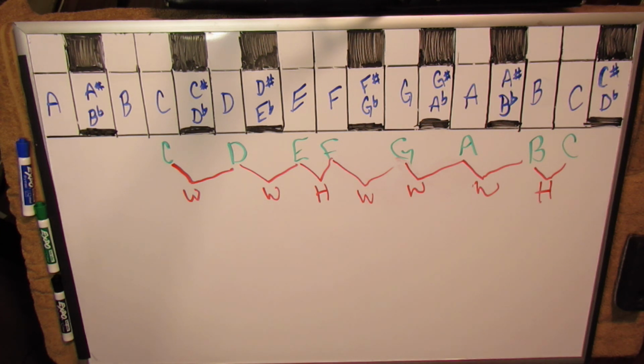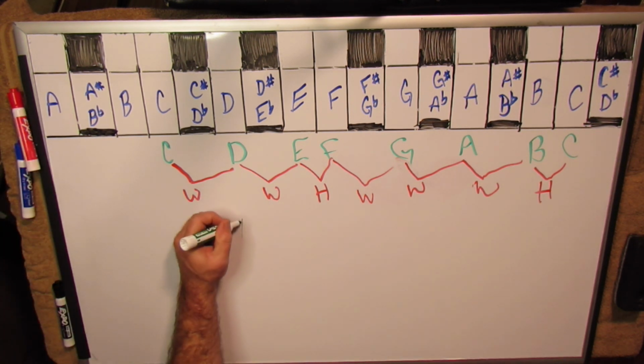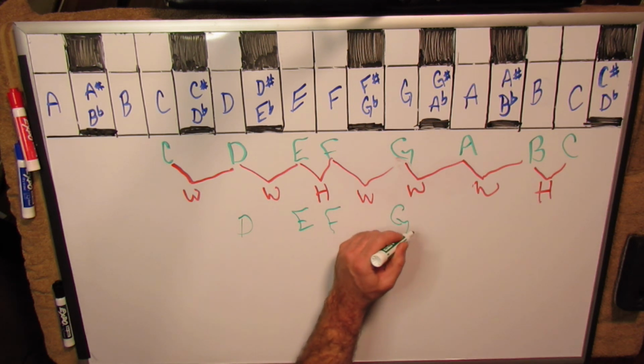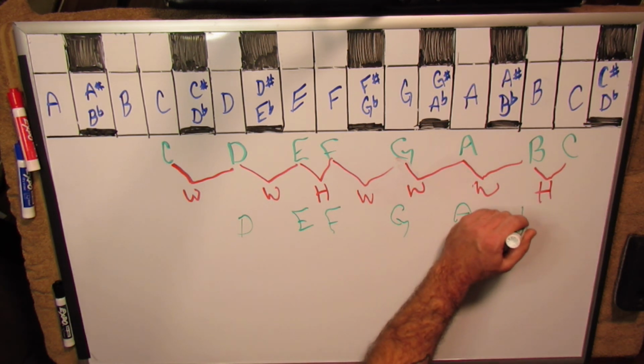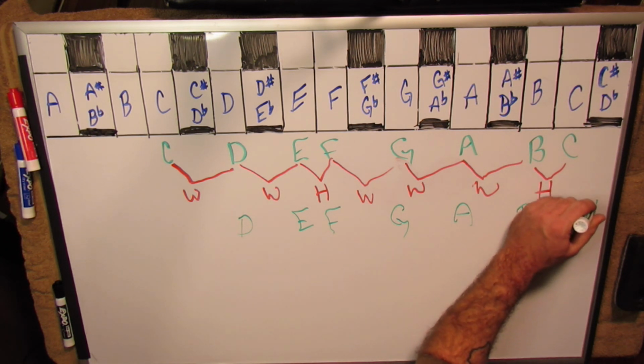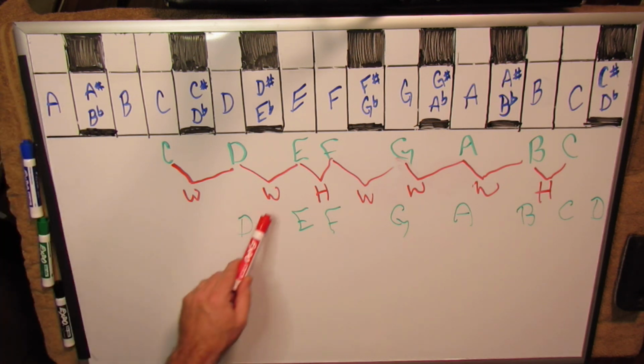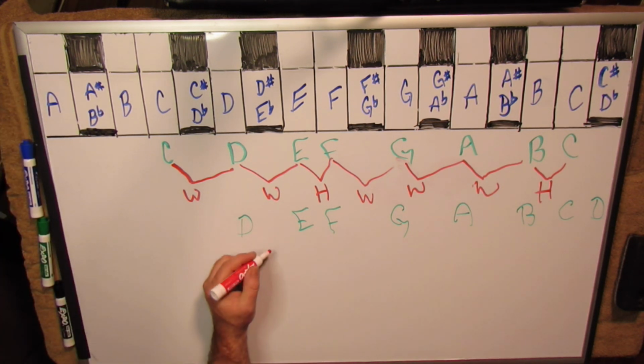If we started this scale on the second degree and played all those notes, what would happen there? Let's make D the root note now. D, E, F, G, A, B, C, and then back to D, right? So what happened here? Well, you could just bring down the same whole step, half step pattern, right?